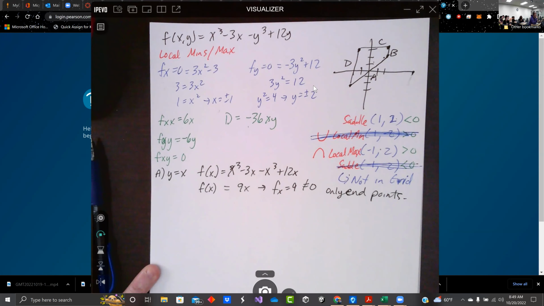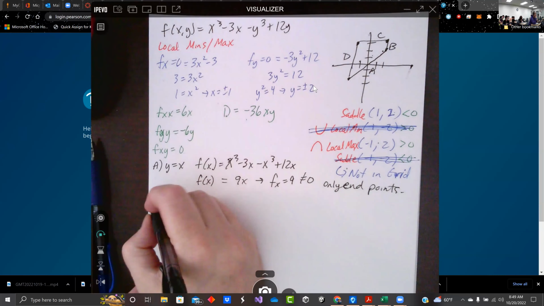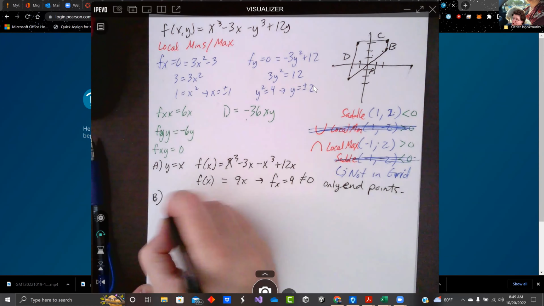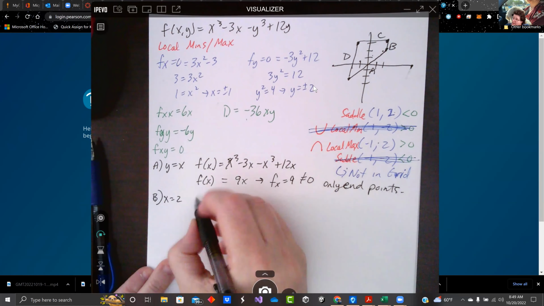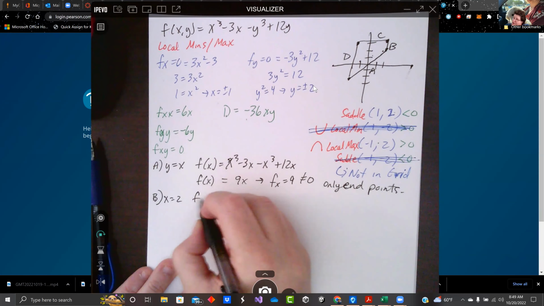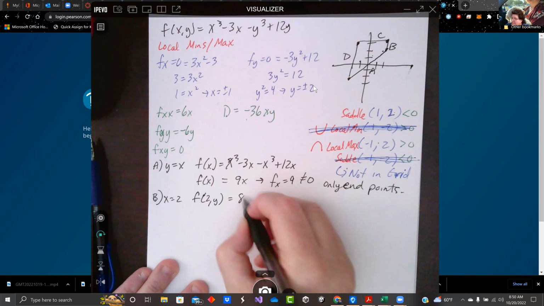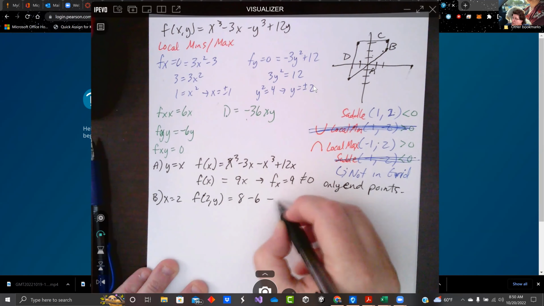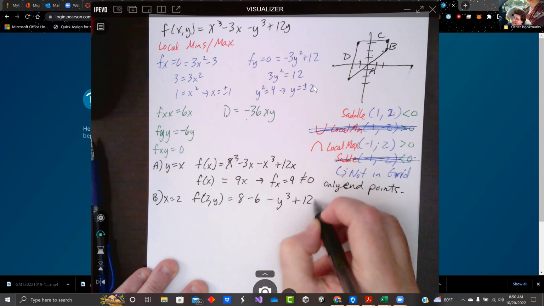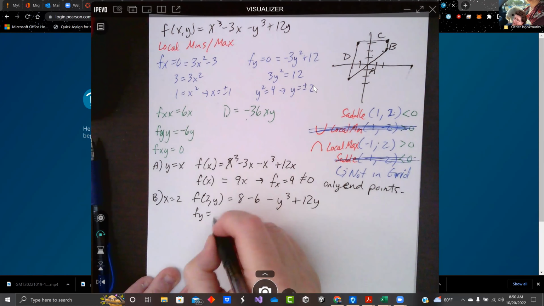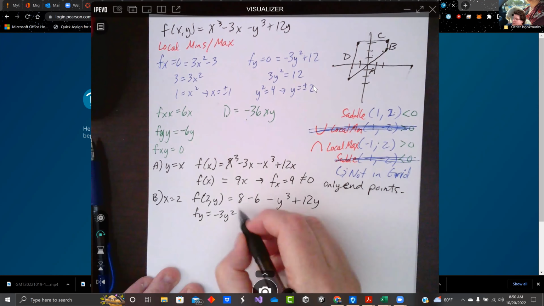We go along B. Along B, what remains constant is x equals 2. So f of (2, y) is 8 minus 6 minus y cubed plus 12y. What really matters is f of y at this point: negative 3y squared plus 12.